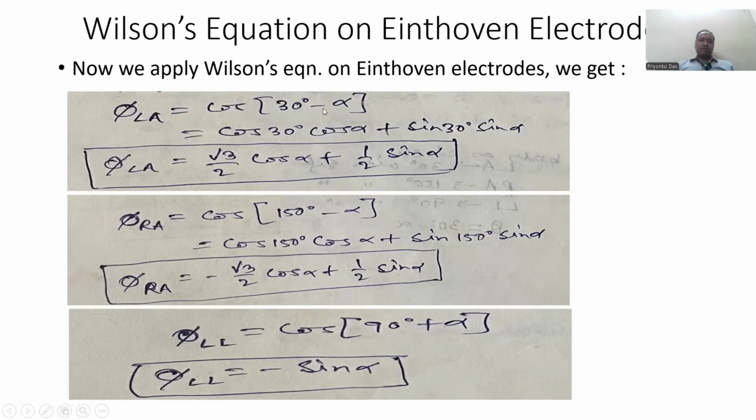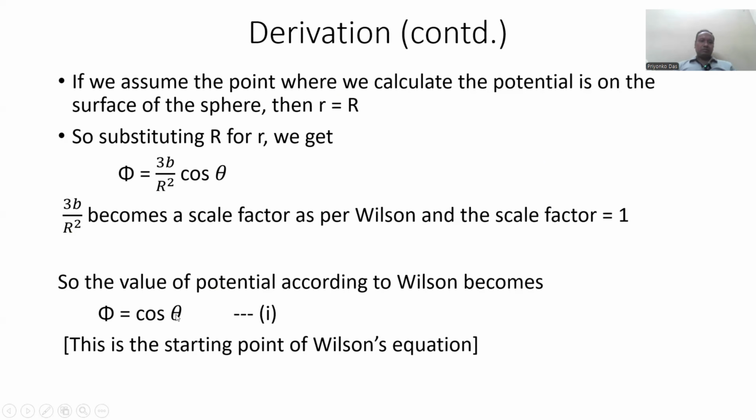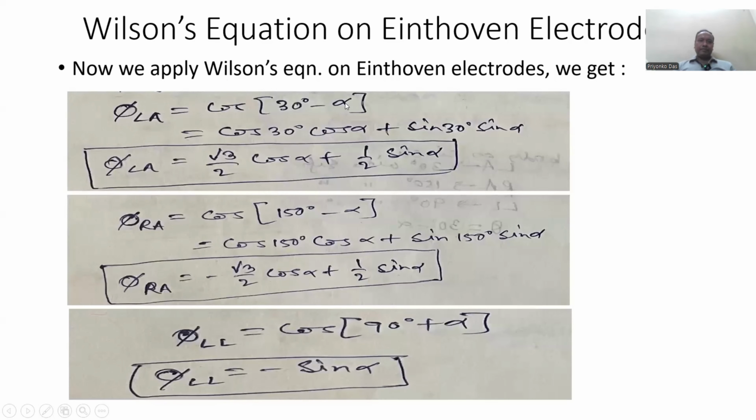Now after simplification, we get cos 30 cos alpha plus sin 30 sin alpha, which, after replacing the values, cos 30 is root 3 by 2 and sin 30 is half. So phi LA becomes root 3 by 2 cos alpha plus half of sin alpha.